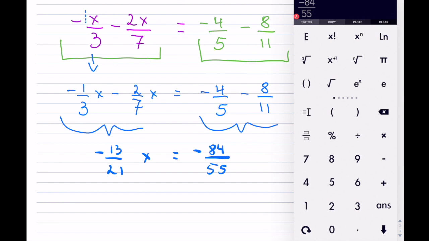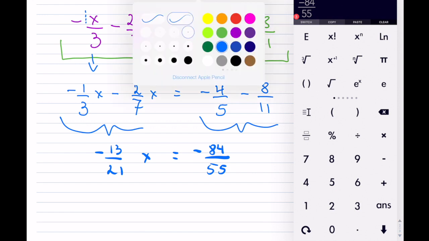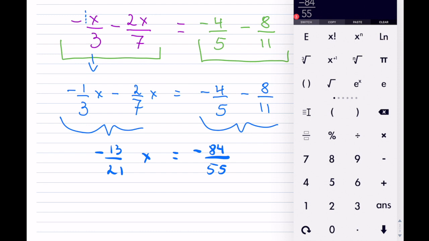So, in order to solve it, I have to get rid of the left-hand side. I'm going to multiply to get rid of the 21, so that cancels, and then get rid of that. And I have to do that to both sides. Now you don't have to put it in brackets.